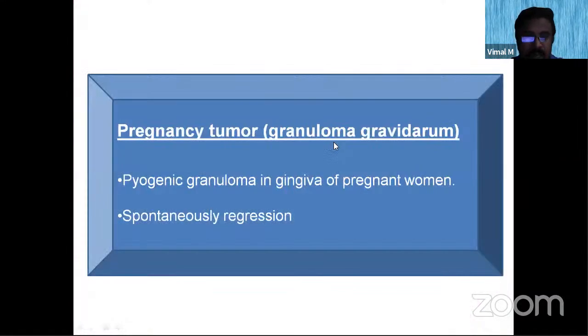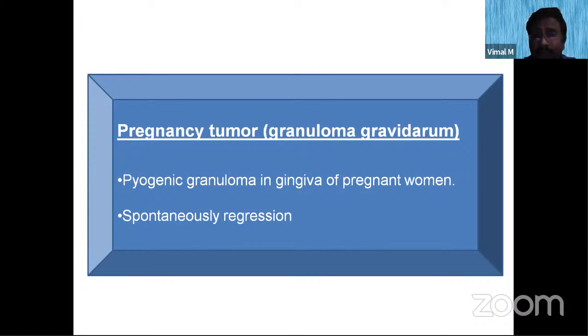And remember this very interesting finding: pregnancy tumor, or granuloma gravidarum, is another name for pyogenic granuloma, especially if it is seen in the gingiva of a pregnant woman. Sometimes in pregnant women you get such a capillary hemangioma in the gingiva, and it is a spontaneously regressing lesion.